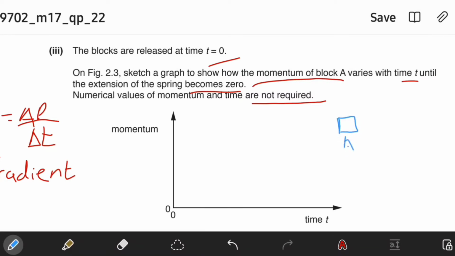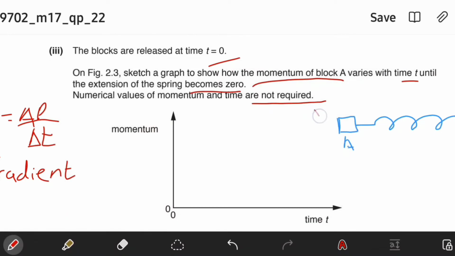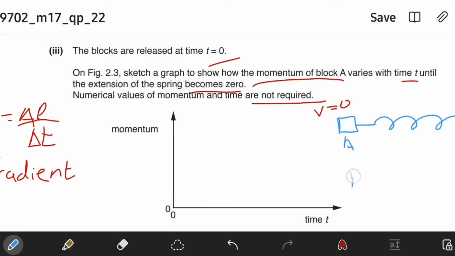At first, the block is something like this when the velocity here is 0, because we know that it is at rest initially, and after the block is moving very fast.